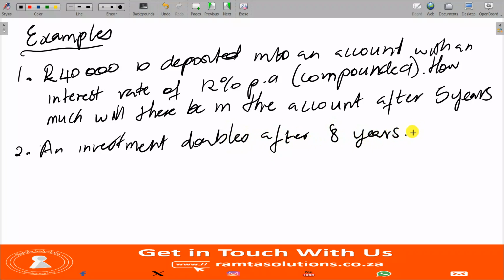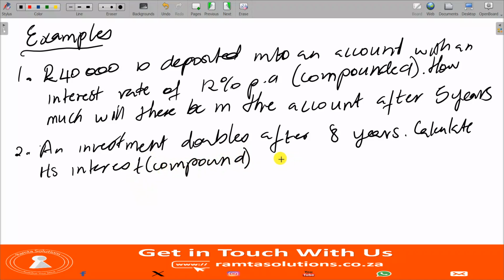An investment doubles after 8 years. Calculate its interest rate. I'm going to say compound. In brackets, calculate its interest rate.